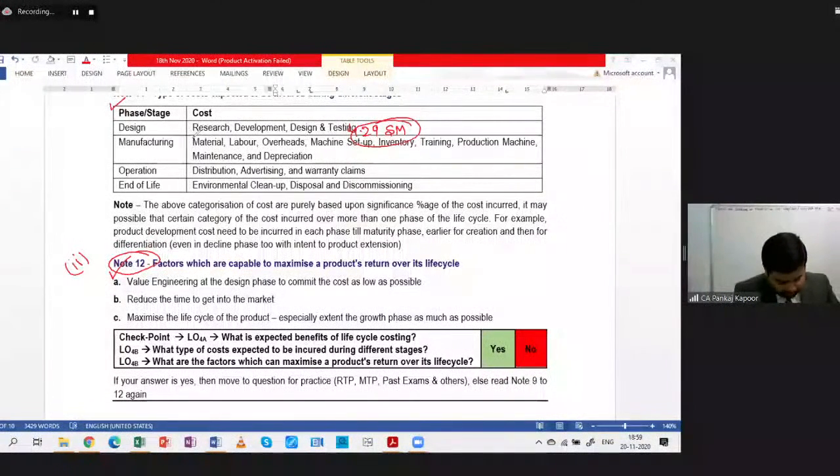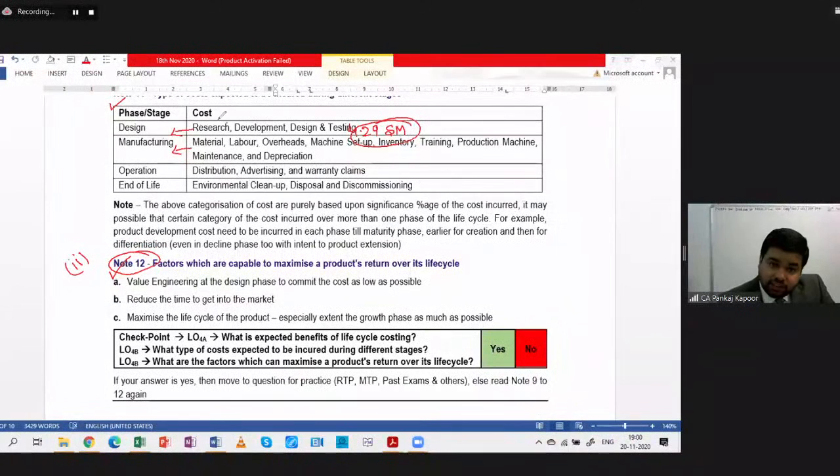Note number 11, try to make a summary of which cost is incurred at which stage.